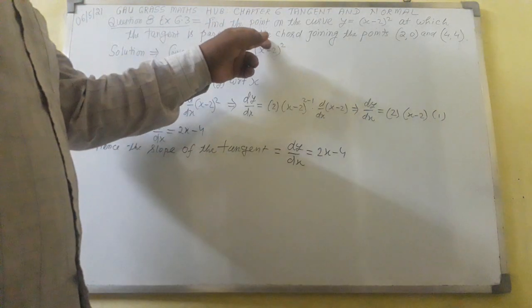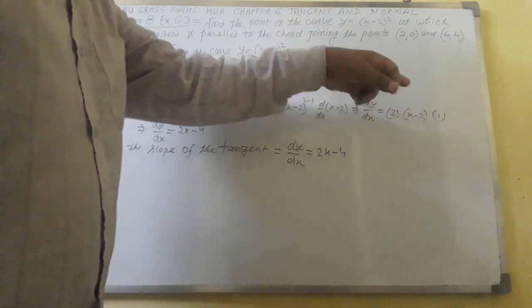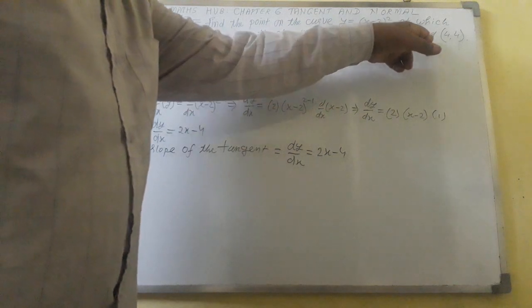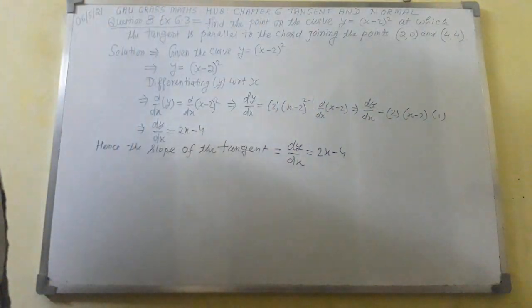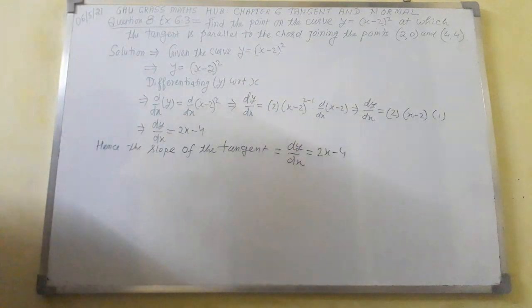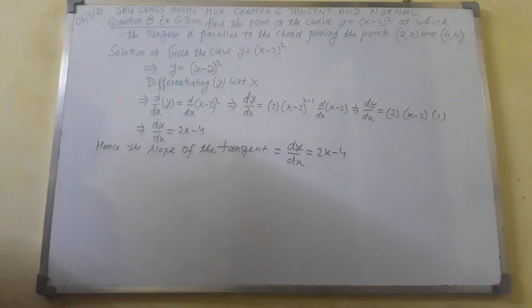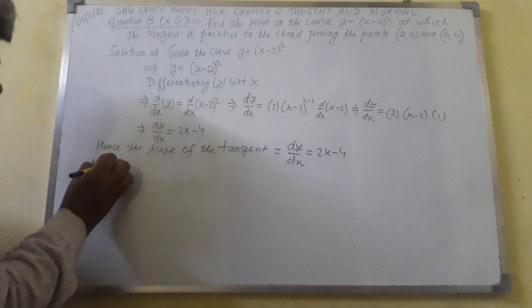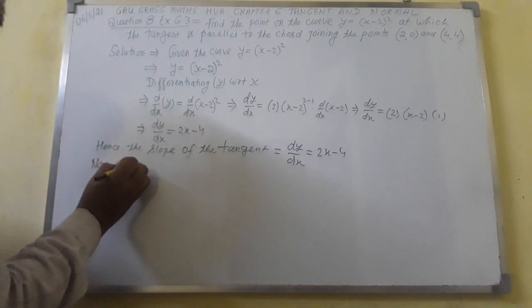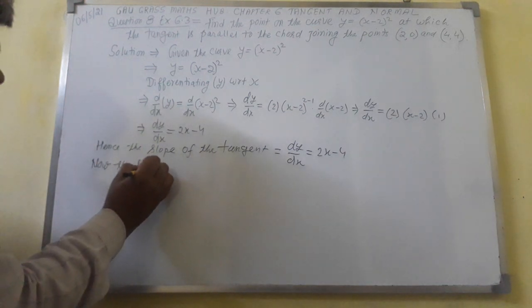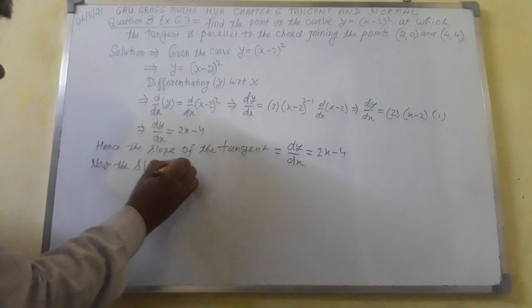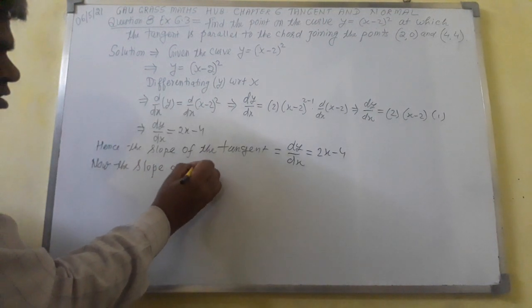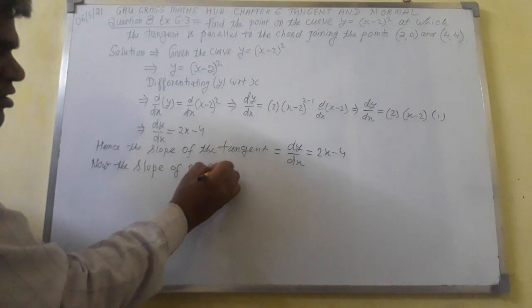Now here it says the chord joining the points (2, 0) and (4, 4). So here I shall get the slope of the chord.